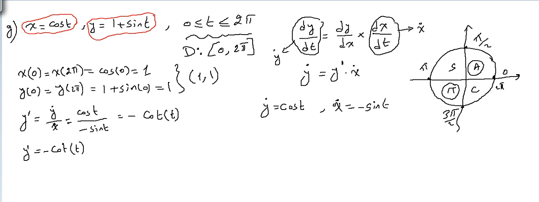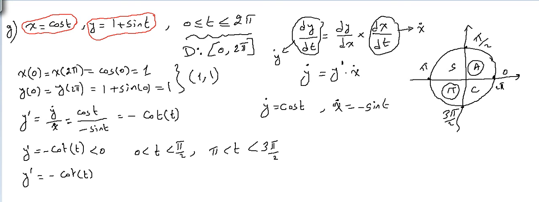Here only tangent and cotangent are positive, since cotangent is the reciprocal of tangent, right? So for t between 0 and pi over 2 and t between pi and 3 pi over 2, the cotangent is positive. This means the minus cotangent is negative. Y prime, which is again negative cotangent t, will be positive in the other two places, S and C.